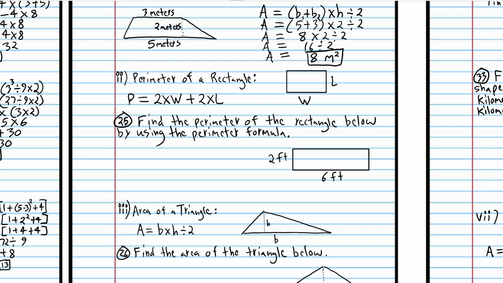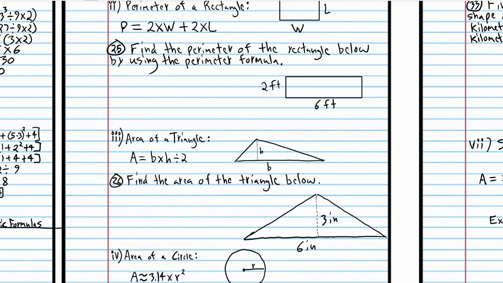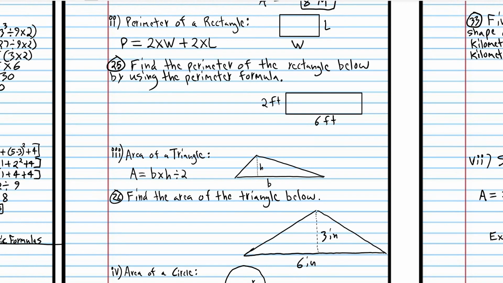So I want you to do number 25. 25 says find the perimeter of the rectangle below by using the perimeter formula. So again, you already know how to find the perimeter, but I want you to use this formula. So the first thing that you do is you rewrite this exact formula down here. Before you do anything else, you copy this exact formula because that tells the reader what tool you're using.